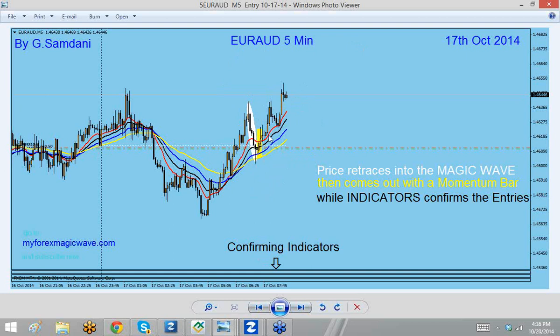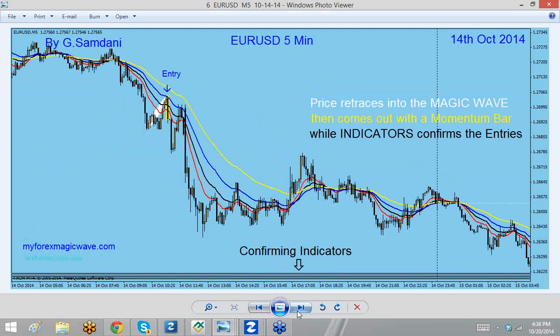So I made an entry here, and then it goes up. As soon as it takes out this high, I come and sit on break even. So now I'm safe. Even if it comes back and hits, that's fine. If not, it's a free trade from there, and you can go away from the computer for maybe 6-7 hours. When you come back, you have 60, 80, 100 pips in your bag. This is how easy it is.